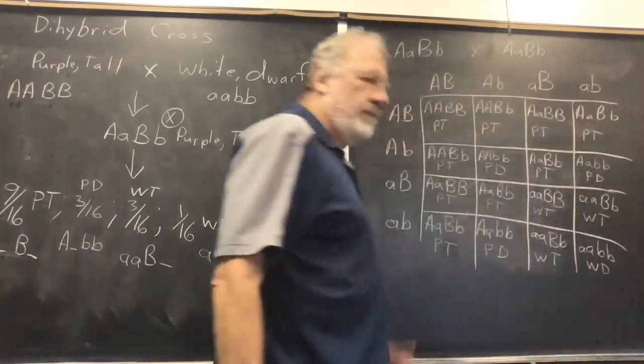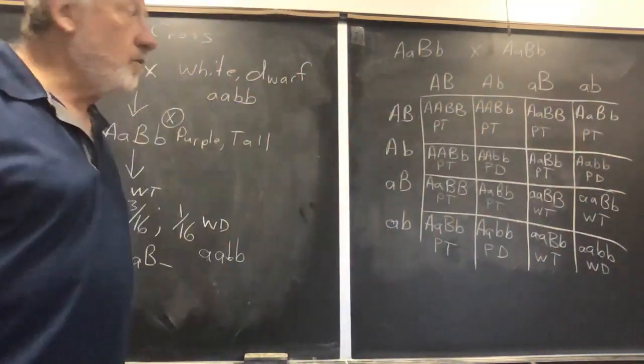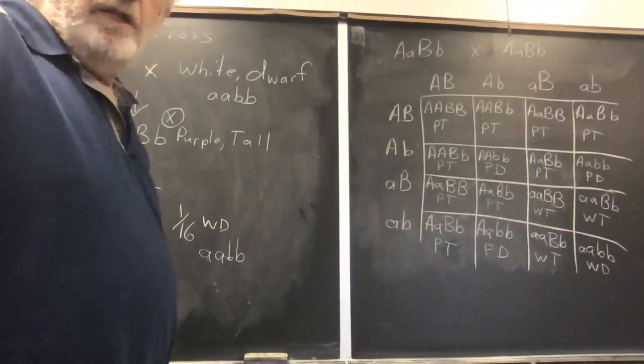Cool. So that's our Punnett square with the phenotypes added.